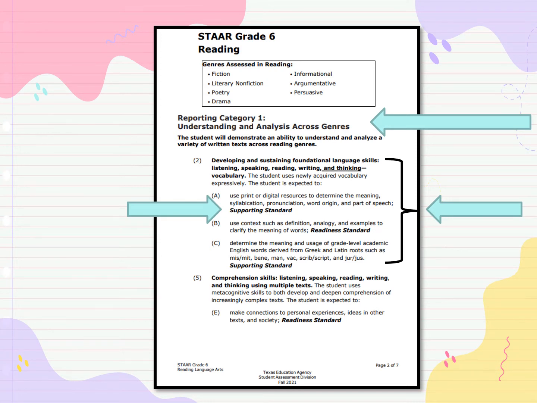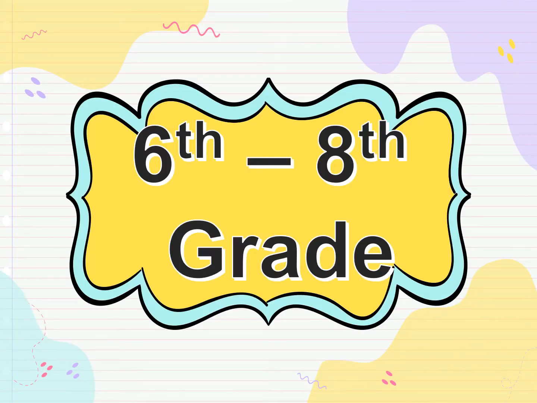And also, we know we have some colleagues that don't just teach one grade level. They may teach 7th and 8th or 6th and 7th. We also have our ESL and our special education colleagues that may be needing a document with multiple grades. So for multiple reasons, ladies and gentlemen, I created one document that I hope is a really big support for you. So I'm going to take you into that document next.